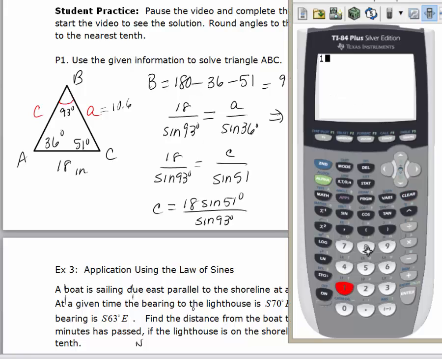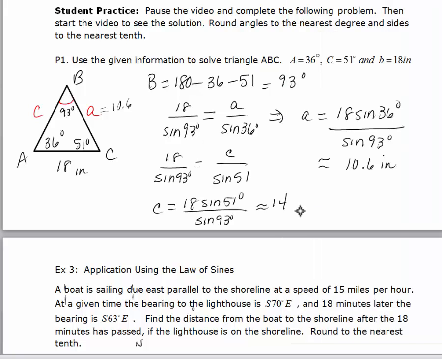Evaluating in our calculator, 18 times the sine of 51 divided by the sine of 93. Side C is approximately equal to 14. And the units on that would be inches, so C would be 14 inches.